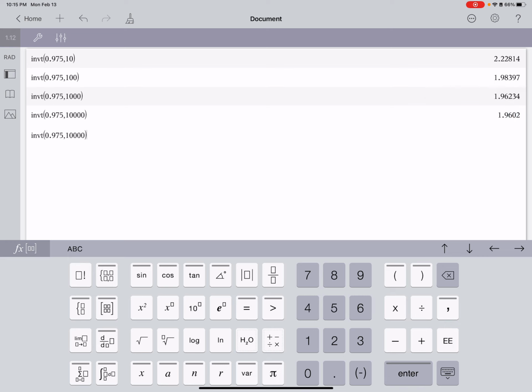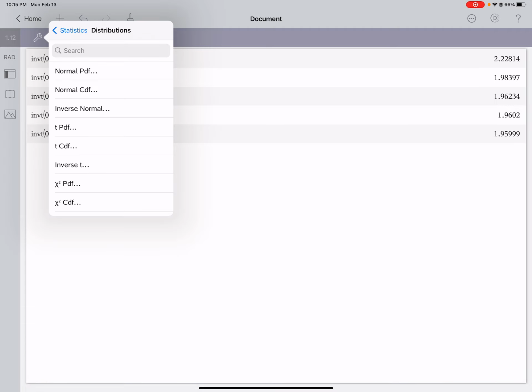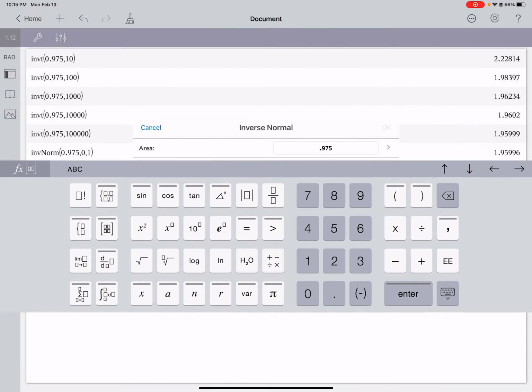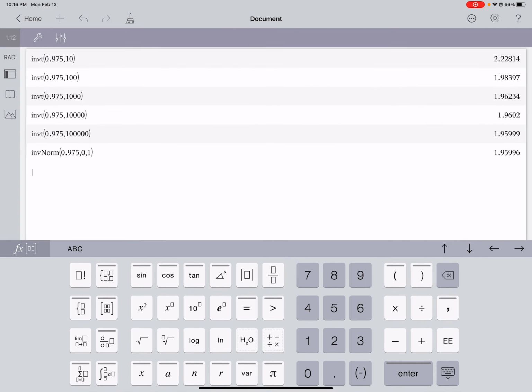But I have just given you an approximation. Keep going bigger and bigger. Let's see what the actual inverse norm was. Inverse norm, remember, 0.975. Really, really close to it. So as the sample gets bigger, you can see that this number gets closer and closer to what my z-score would be. So my t-star gets closer to the z-star.